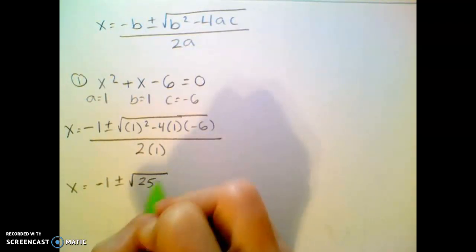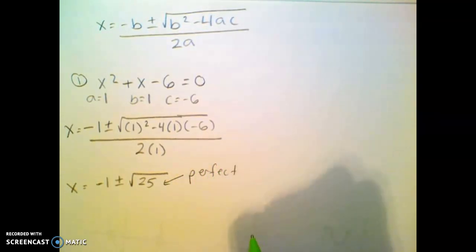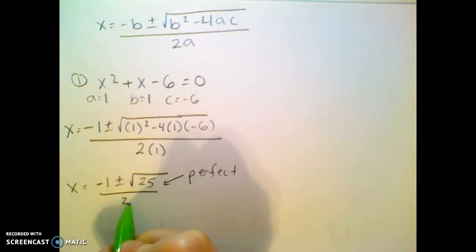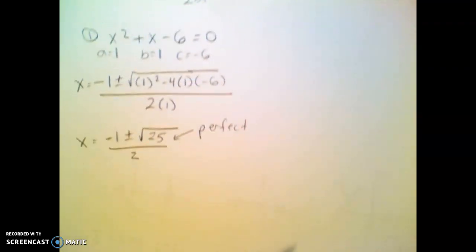Also, if your discriminant happens to be a perfect square, meaning it's 25, 16, 36, 49, whatever, that means this was factorable. That means it's going to give me 2 nice answers, fractions or whatever. If it is not a perfect square, so 17, 24, whatever, that means it's going to have 2 radical, 2 irrational answers left over. But currently we have a 25.